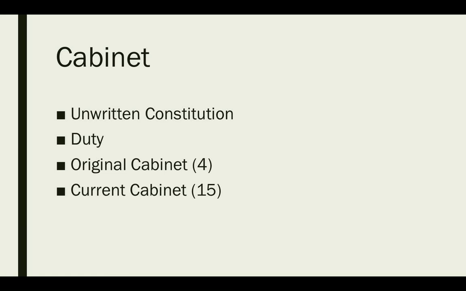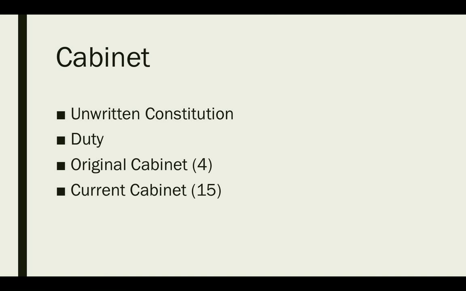The duty of the cabinet is to advise the president because the president can't possibly know everything all the time, right? It's one person. So the duty of the cabinet is to advise the president on all knowledge possible that they could need. The original cabinet under Washington only had 4 members.